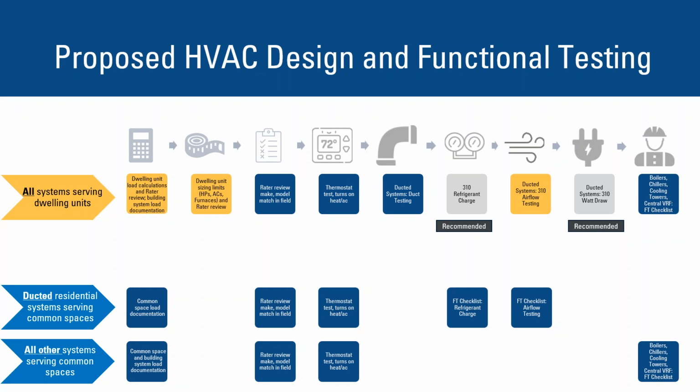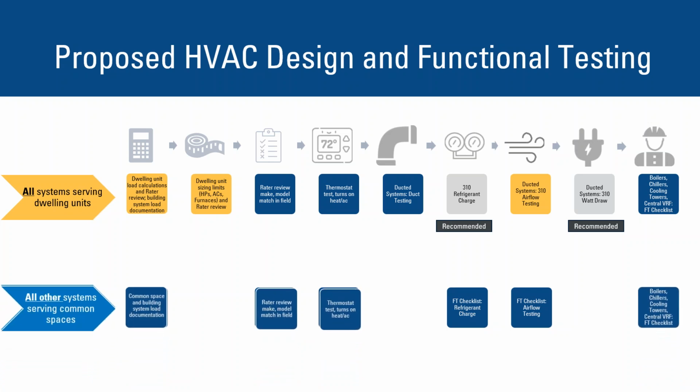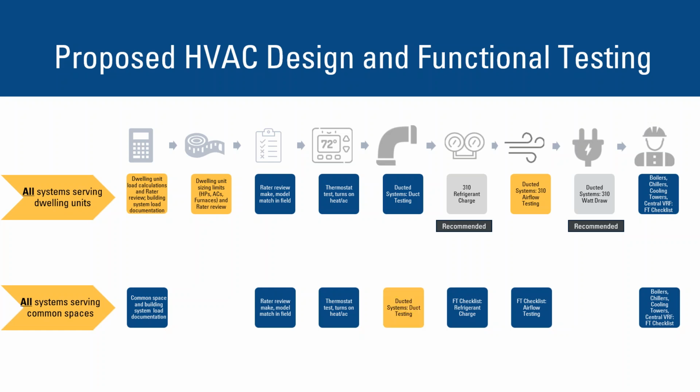That's how we consolidate for dwelling units, and then we take a look at common spaces. And similarly, we are going to consolidate to look at all the common spaces, and the documentation of the loads is just staying the same with the make and model and the indoor units. But again, we are now adding in duct testing for common space systems.